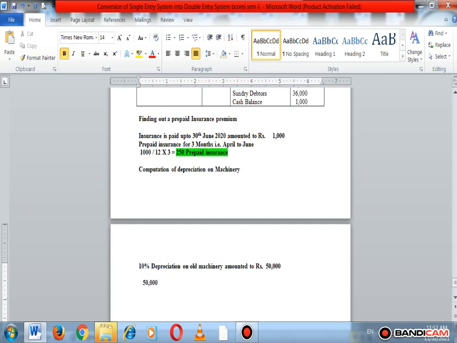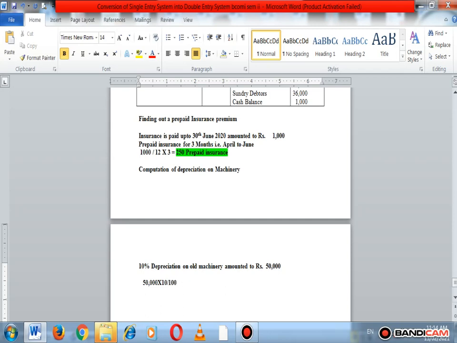50,000 into 10%, or 50,000 into 10 divided by 100.